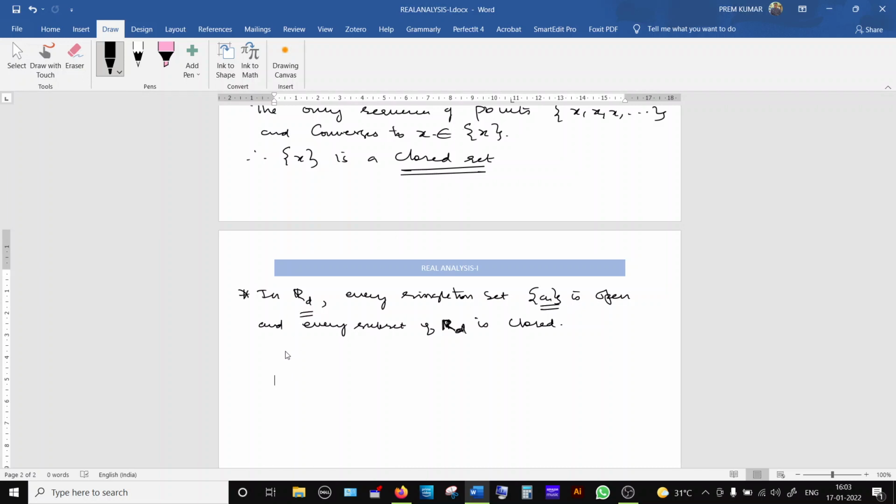Therefore, if we combine both of them, in the discrete metric space the singleton sets A are both open and closed. It is not true for all metric spaces; only for R^d is this possible.